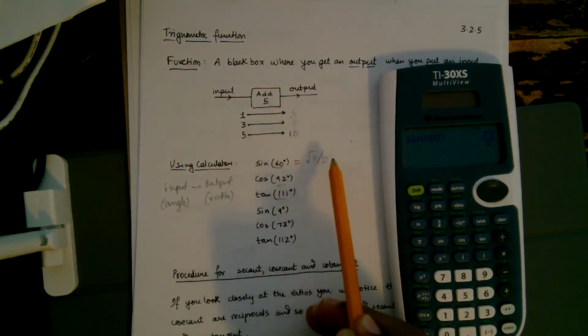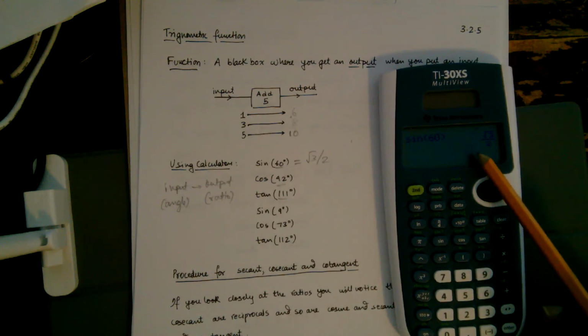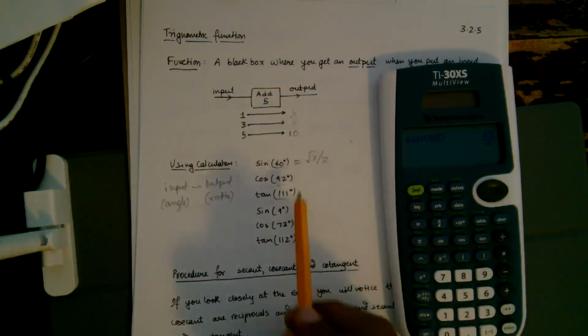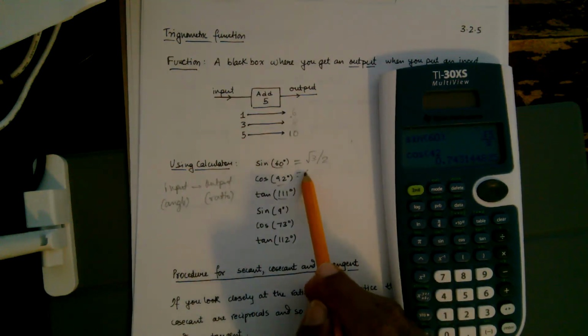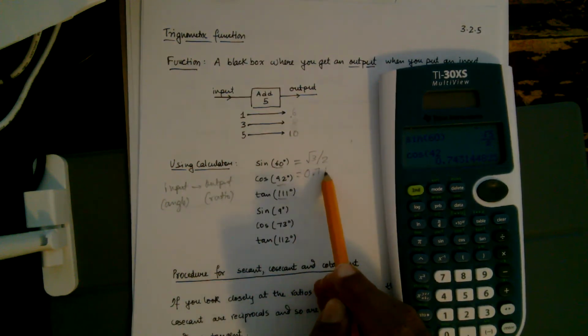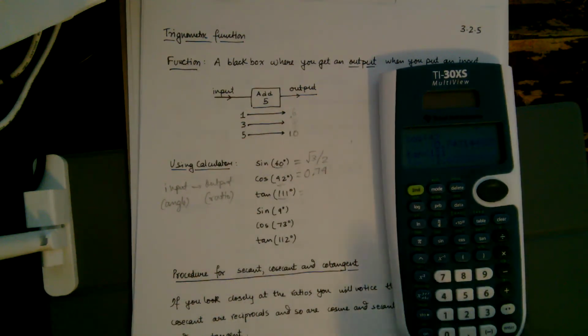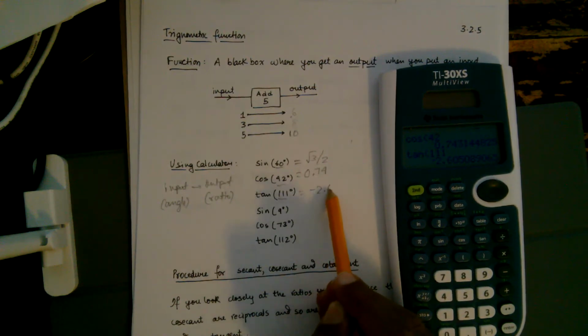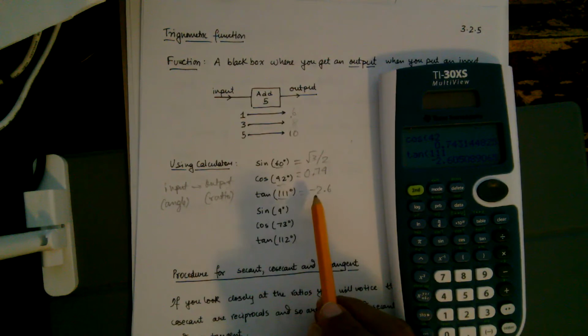And that's the ratio. Now it may also give you the answer in terms of a decimal number, in which case it would be about 0.866. Similarly, cosine 42, right here, gives me 0.74. Tangent of 111 is negative 2.6. Now, don't worry why this is negative. We will be talking about what this negative means later on, in the next week.